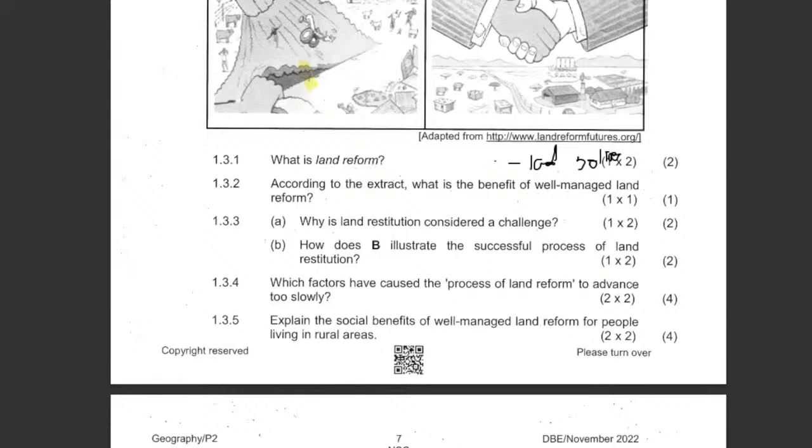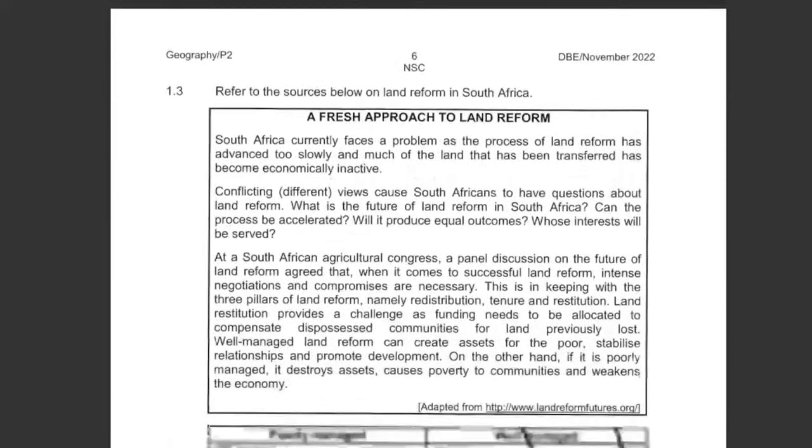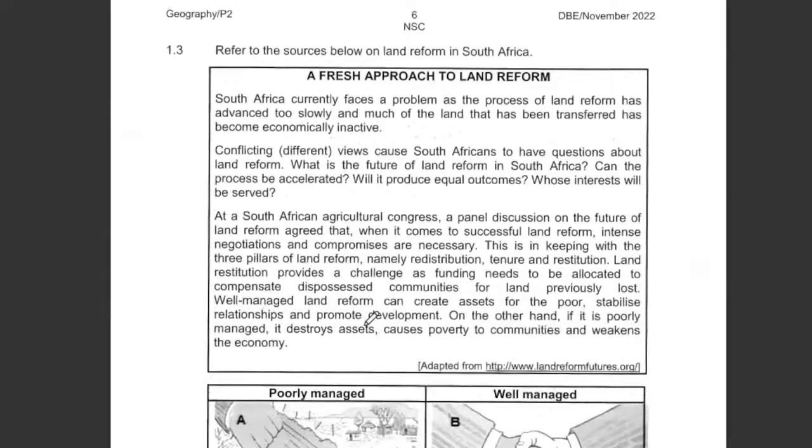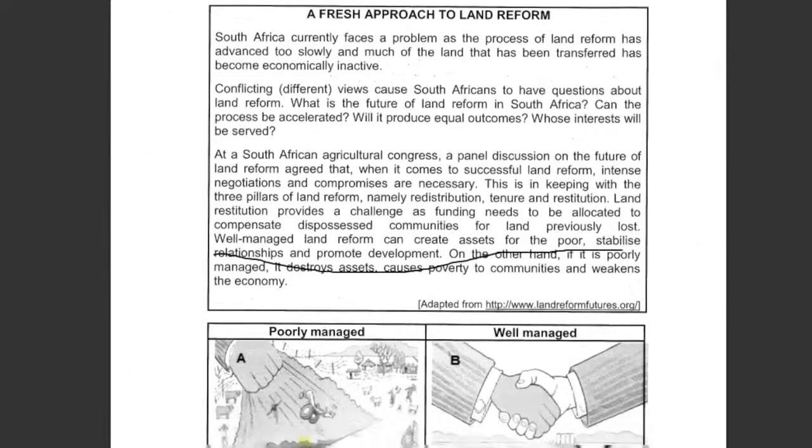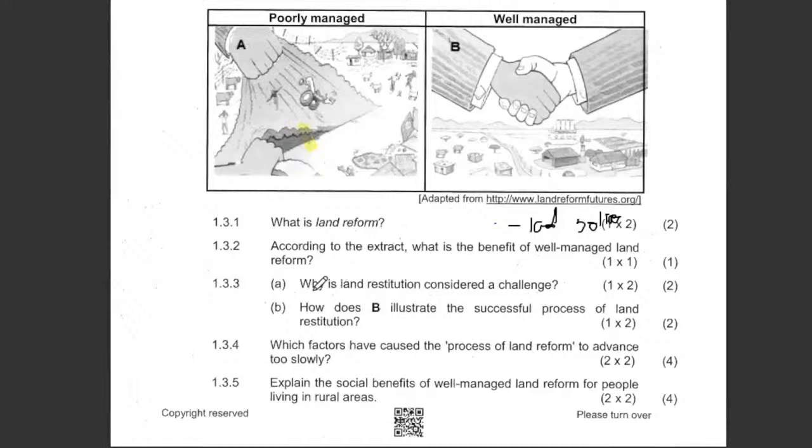Somewhere when you read the land reforms here, they're telling you that well-managed land reform can create assets for the poor, stabilize relationships, and promote development. So the answer comes from here. So this is where we get our answer for this question. Okay, then we proceed.